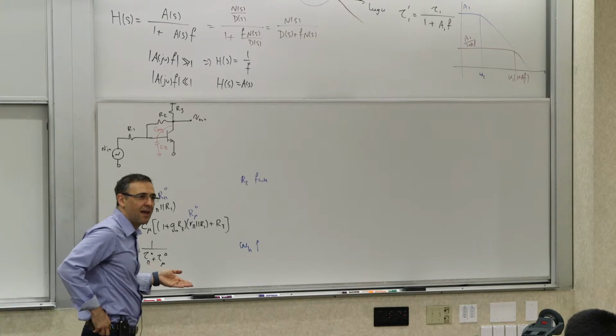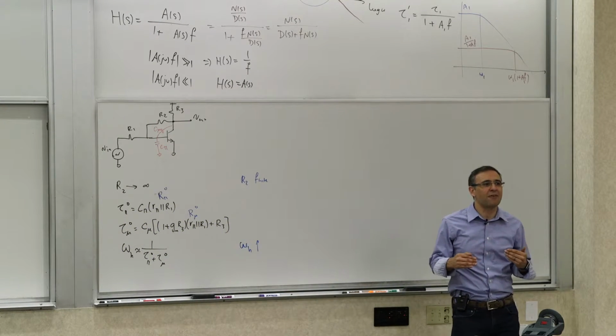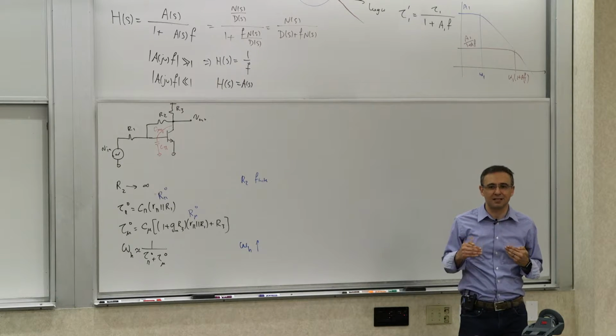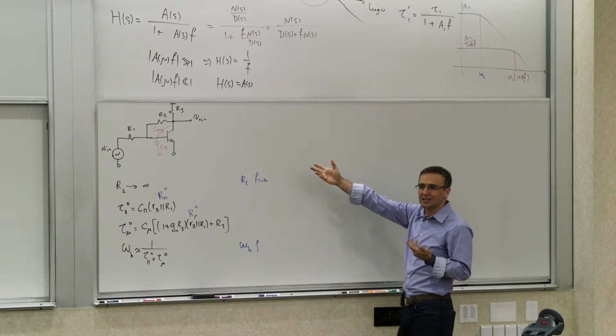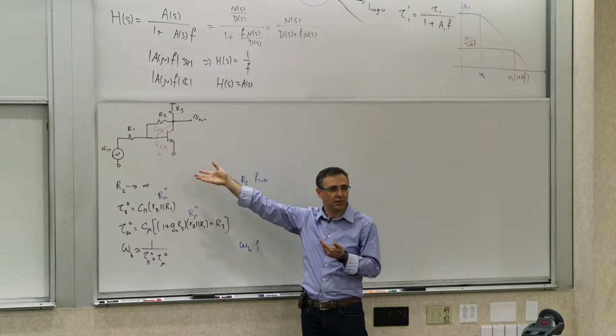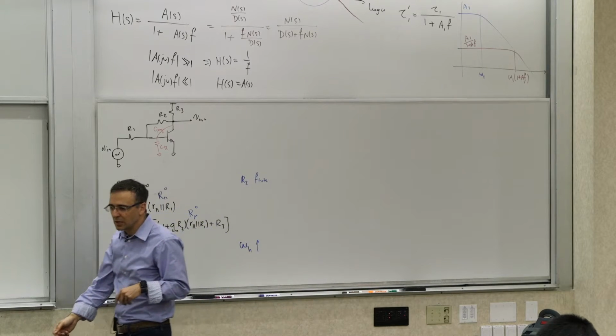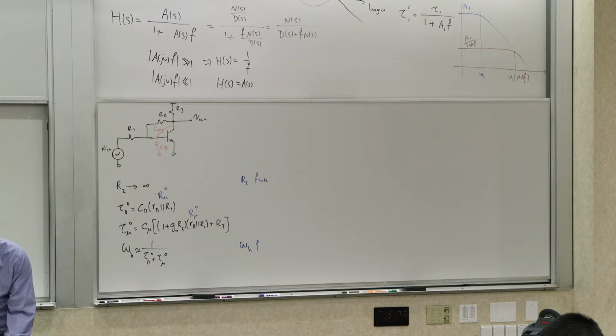So you can see that the bandwidth has increased almost exactly by the same factor that your gain was reduced. This is also true in transistor level circuits. You can use that trade-off to your advantage if you want to. Okay, any questions on that?